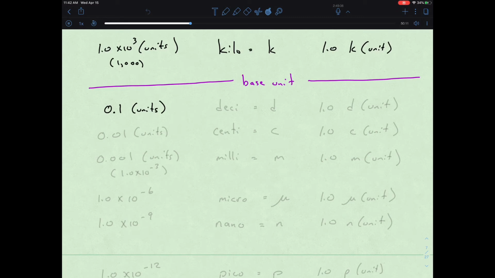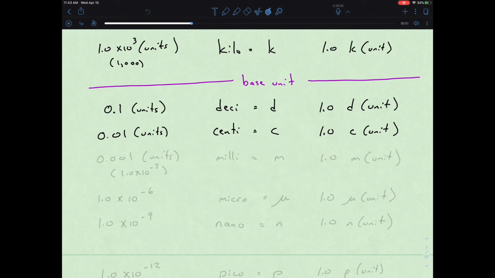So if I have 0.1 units, well, then that is a deci, or smaller d, or a deci unit. Decimeter, decigram, what have you. If we go to the next level, we end up with centi, such as centimeter.